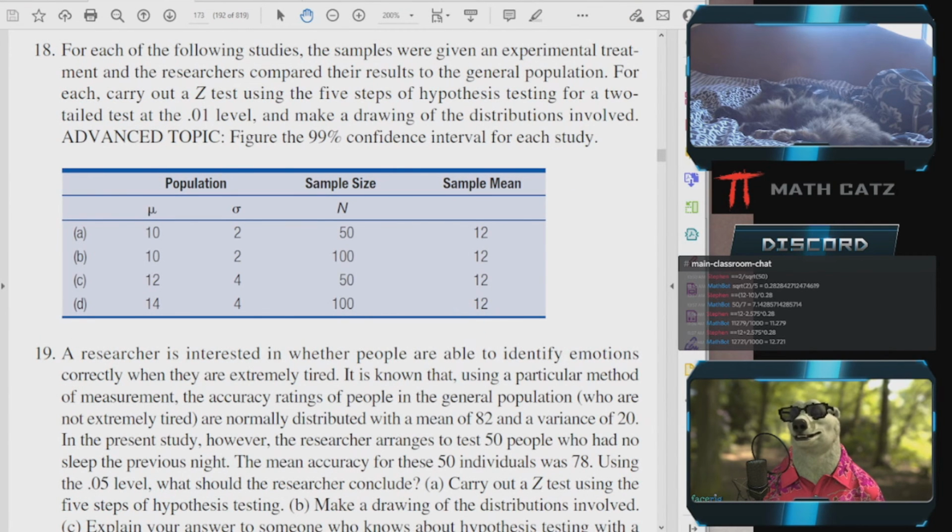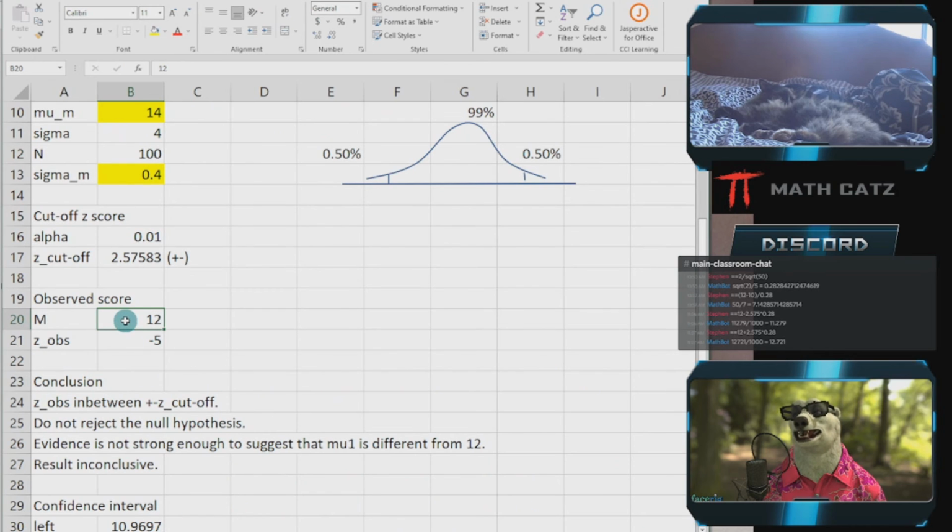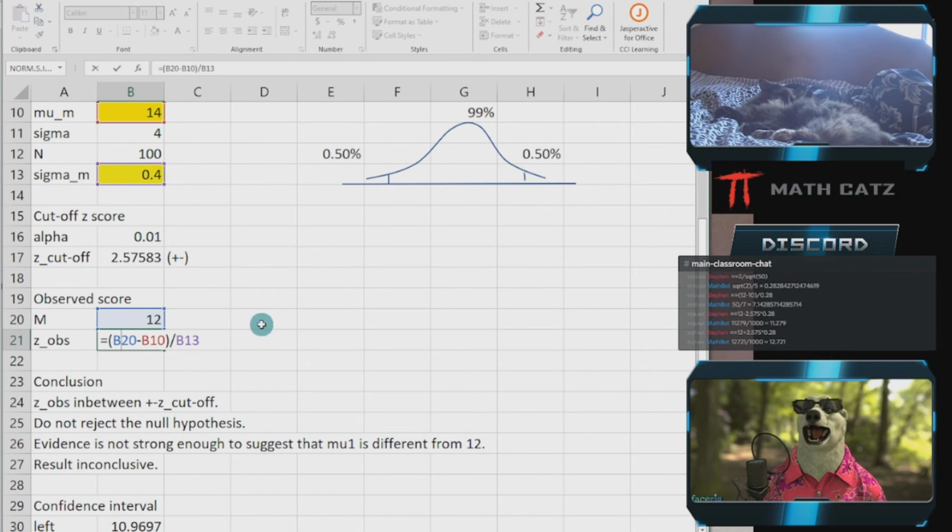Okay, also 12, so that stays the same. And then we calculate our Z observed in the same way, but because we updated some of the things, that automatically gets updated as the sample mean minus the comparison distribution mean over the comparison distribution sigma.